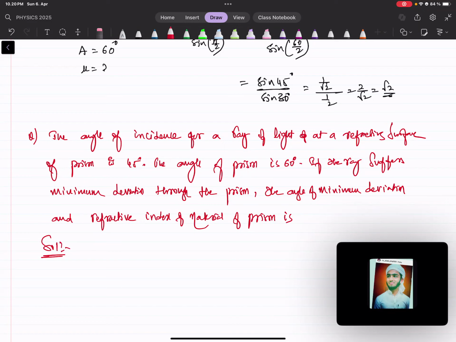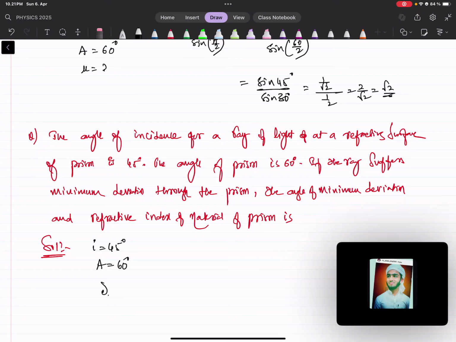The angle of incidence for a ray of light at a refracting surface of the prism is 45 degrees. That means the angle of incidence is given as 45 degrees, and the angle of prism is 60 degrees. He's asking me to calculate the minimum deviation.